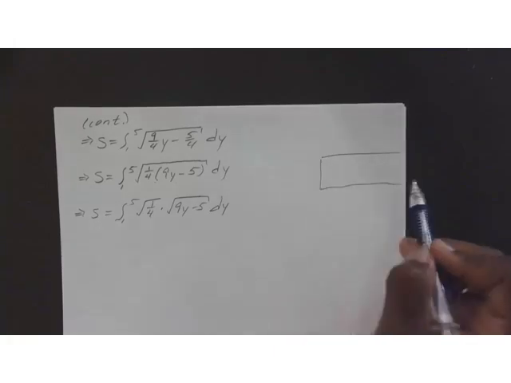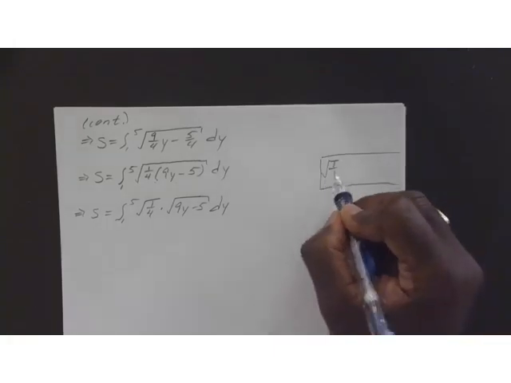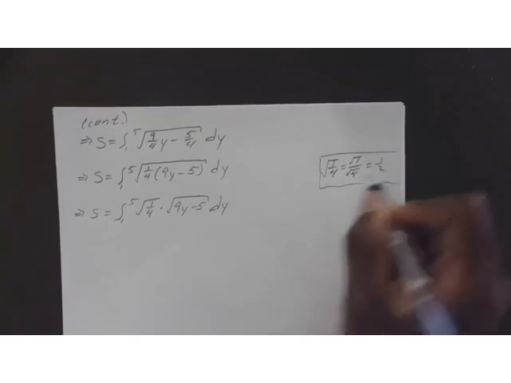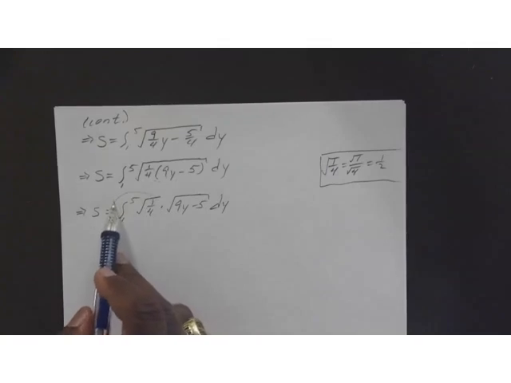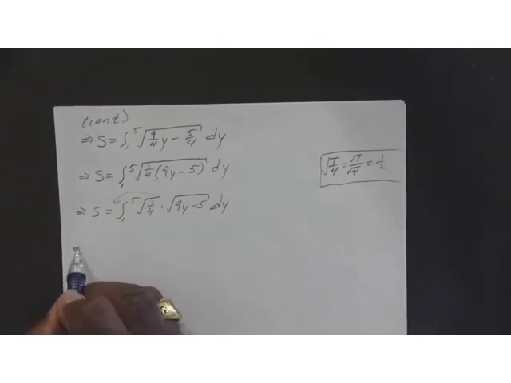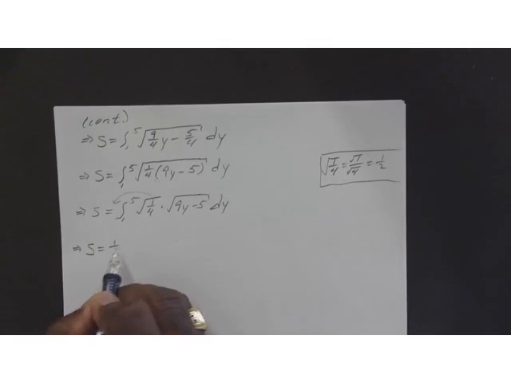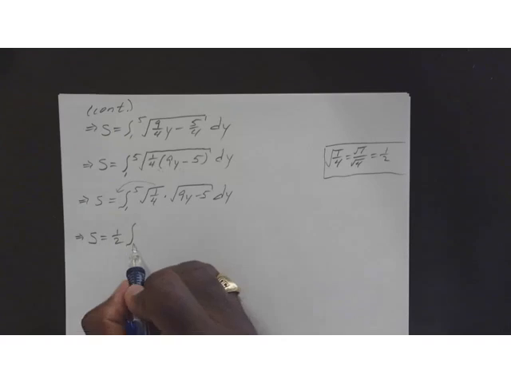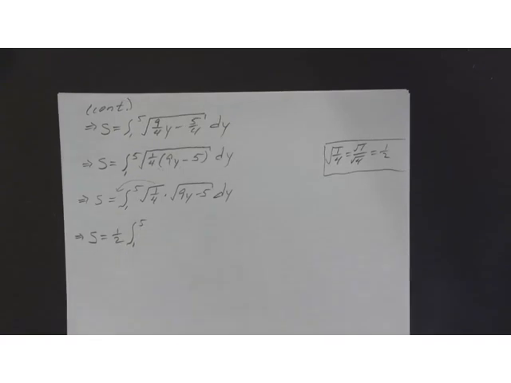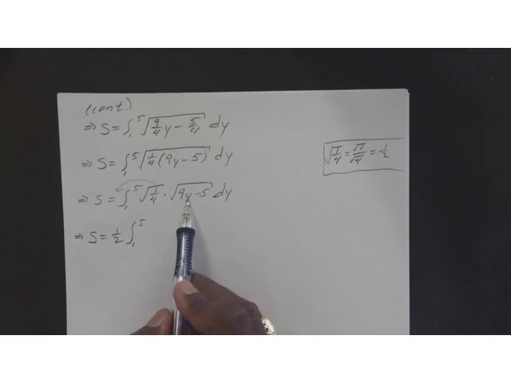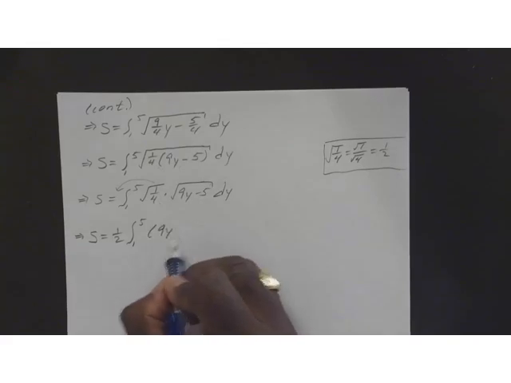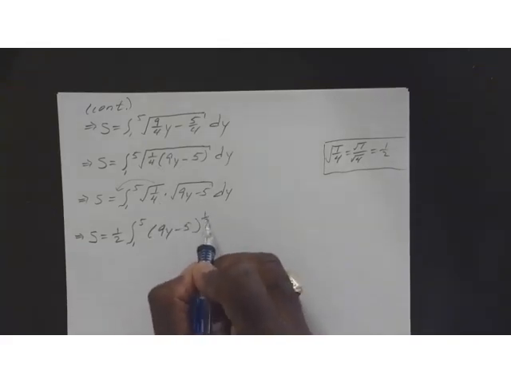And just like before, we know that the square root of 1/4 is just 1/2, so we can factor that 1/2 right out to the front. So that's 1/2 times the integral from 1 to 5 of the square root of 9y minus 5. You can just convert that to the 1/2 power, so we make it 9y minus 5 to the 1/2 power.